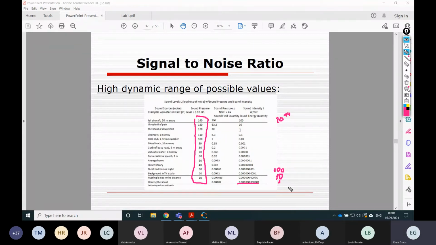Well, these are also numbers on a logarithmic scale, and the next step is just calculating the logarithm, the decimal logarithm. So here we'll have 14, here we'll have 2, here we'll have 1, here we'll have 0, because the logarithm of 1 is 0. These are called bels, accordingly in honor of Richard Bell.